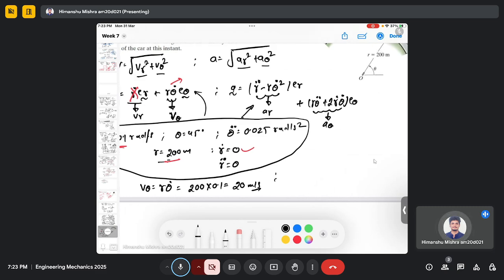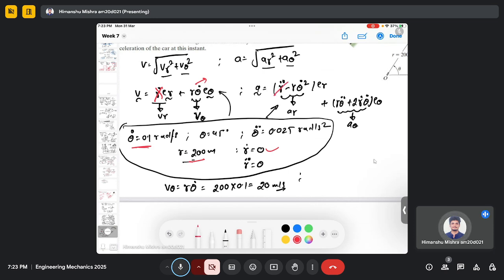Similarly in the acceleration, this term will vanish because r double dot is 0 here, and this one has r as 200 and theta dot as 0.1, so this will be 2 meter per second square.